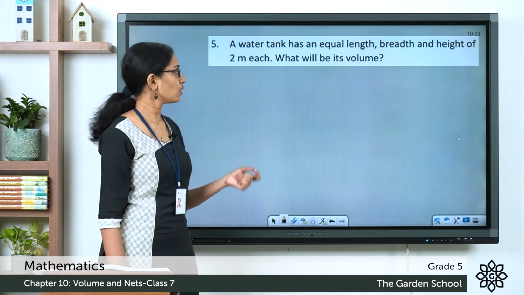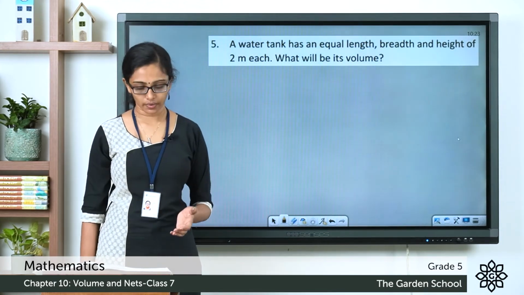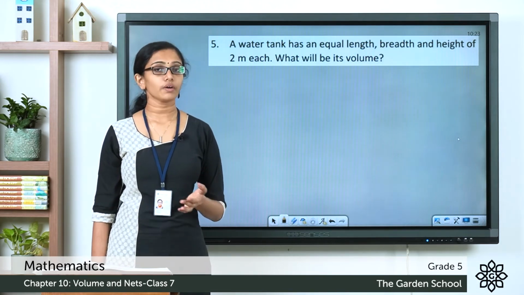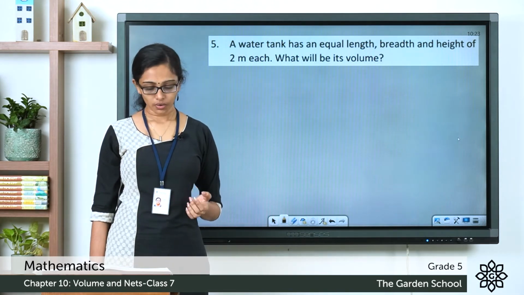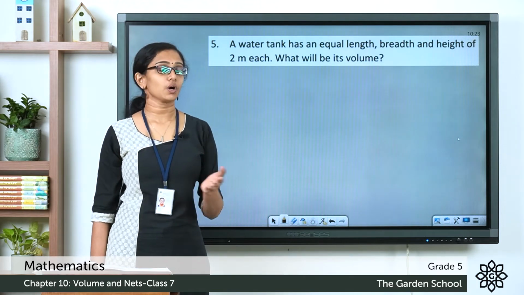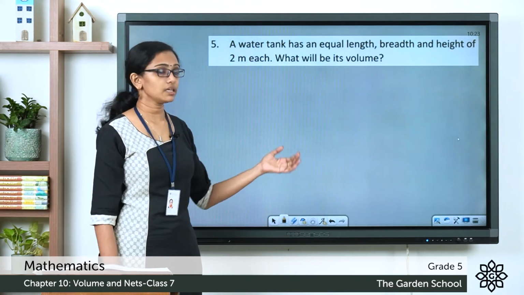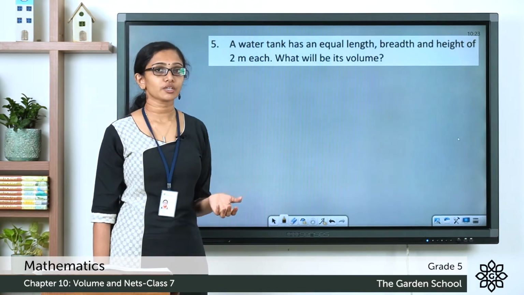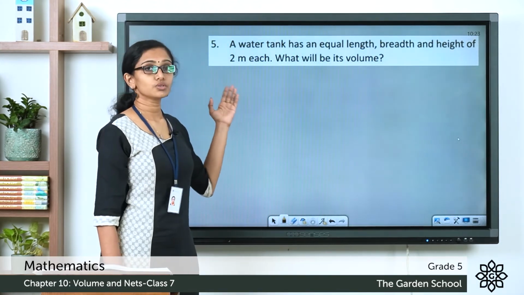Question number 5. A water tank has an equal length, breadth and height of 2 meter each. What will be its volume? So if the length, breadth and height of a solid is the same, it can be a cube. Now see, and what is the side of that cube? It is equal to 2 meters.